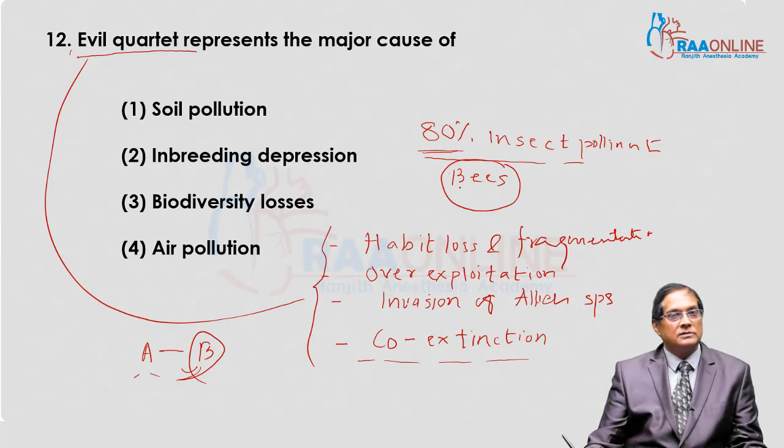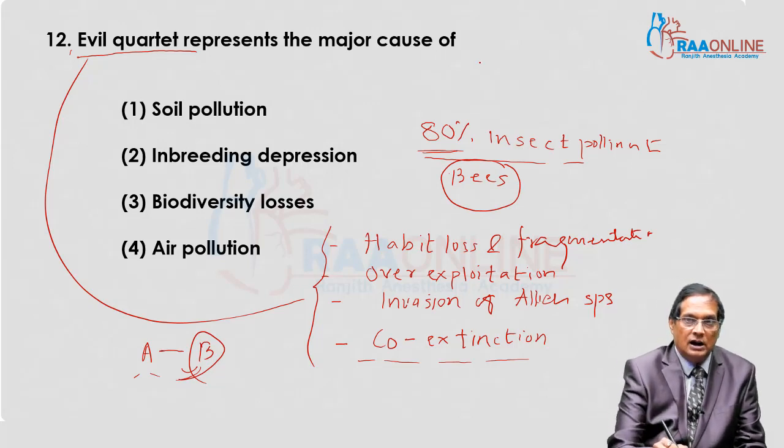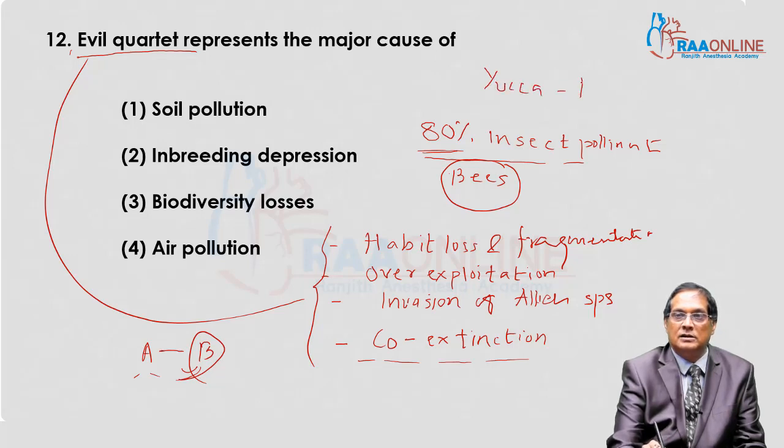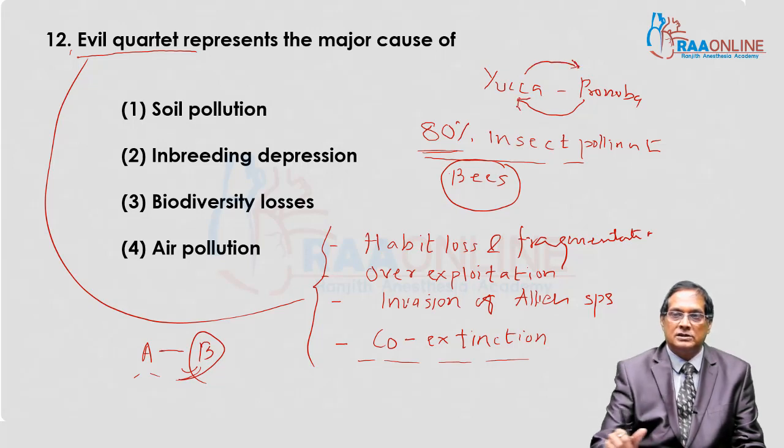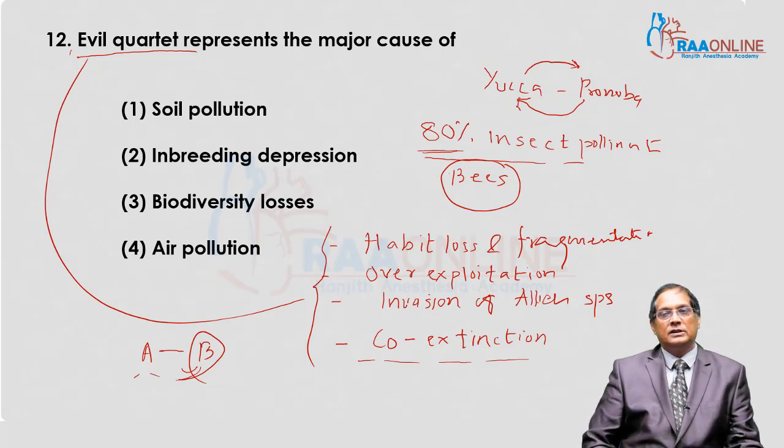In some cases, for example, yucca is the name of a plant and Pronuba is a moth. Their life is interdependent. Yucca is dependent on Pronuba for pollination, whereas Pronuba completes its life in yucca by laying eggs, etc. So if yucca is not there, Pronuba automatically goes extinct, or if Pronuba is not there, yucca will lose its life.